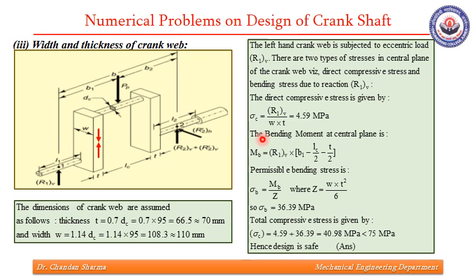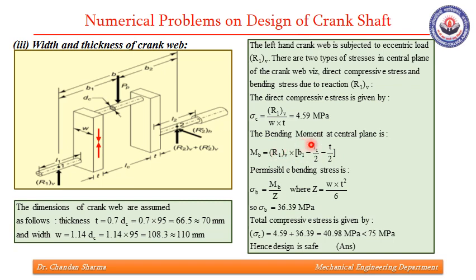Further, the bending moment at the central plane will be given by R1V as the load. We need to find the distance from this load to the mid plane of the crank web. So the total distance is B1. We'll reduce LC by 2 from this, and further T by 2 from this. So the distance will be B1 minus LC by 2 minus T by 2.